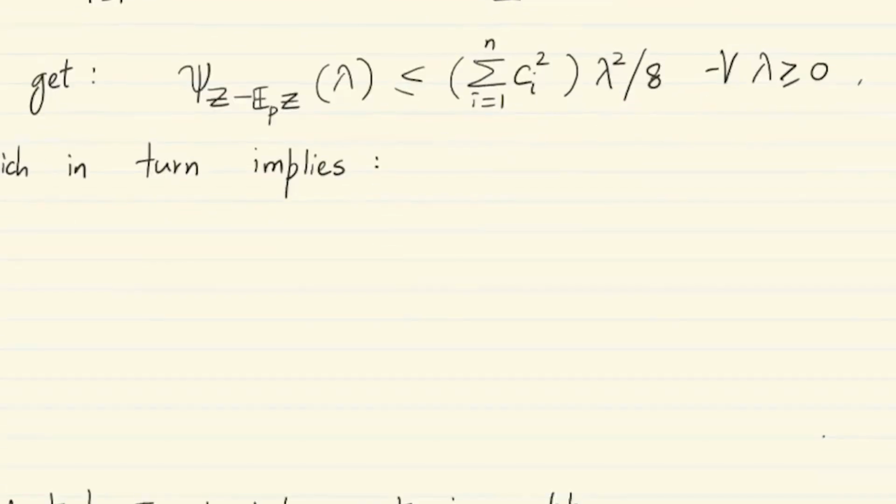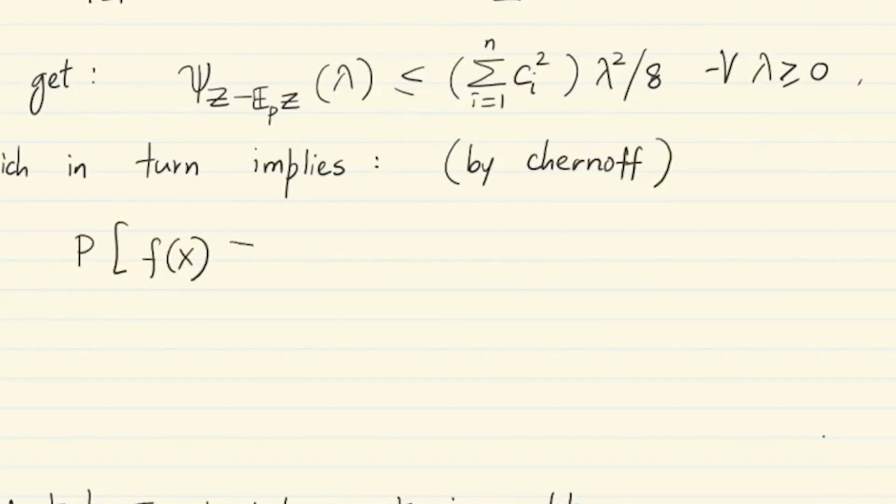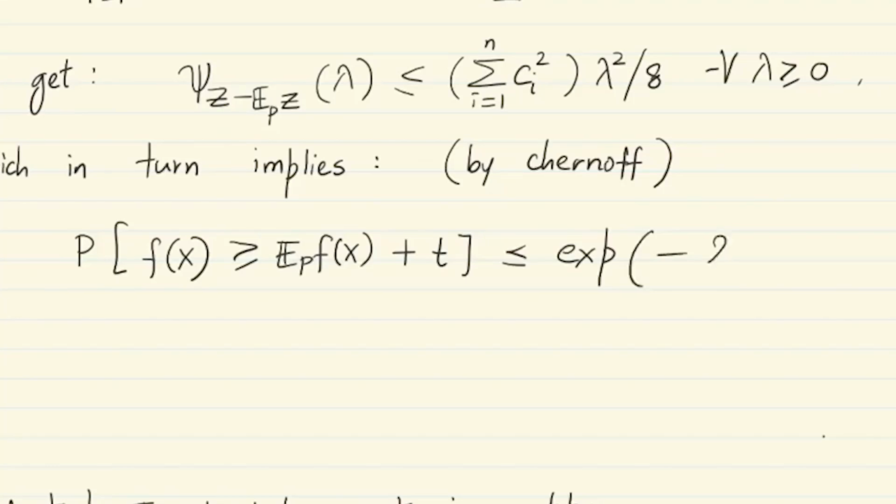Okay, by Chernoff for sub-Gaussian random variables, the probability of the random variable f of x exceeding its own expectation by a number t is at most, it has a sub-Gaussian type tail modulated by the constants Ci.